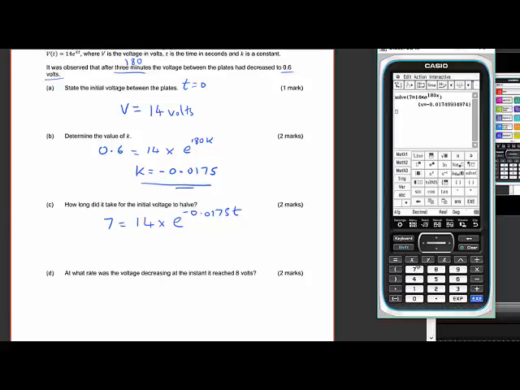So 7 is 14 times. So here I'm just going to replace that 180 with negative 0.0175. I could use more of the value if I need to. And that gives me 39.6 seconds.